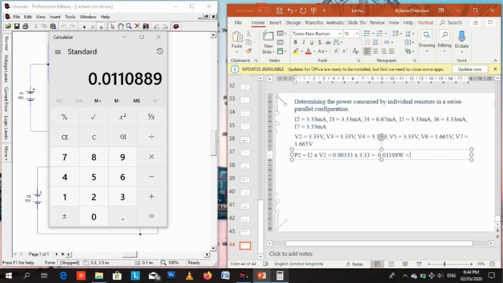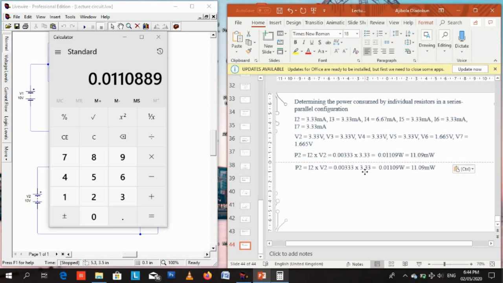Just increase the number of decimal points, not approximate earlier, just approximate at the later significant digits after the decimal point. So that is approximately 11.09 milliwatts. So the power consumed by resistor R2, which is P2, is 11.09 milliwatts.